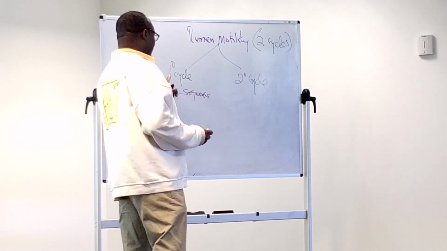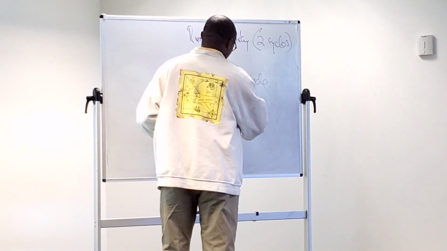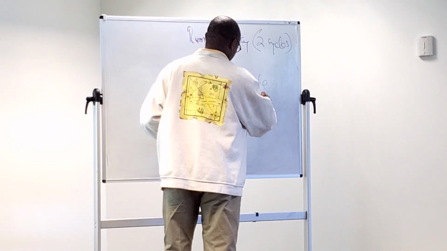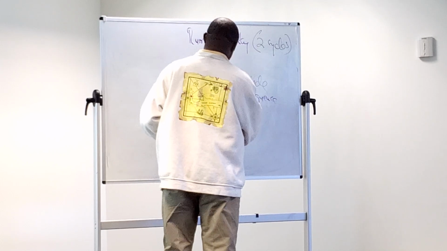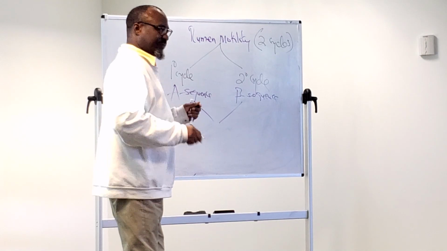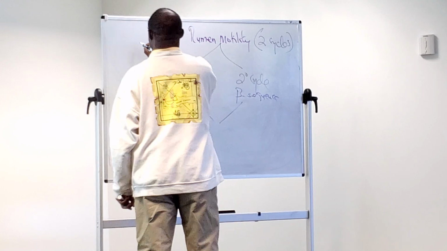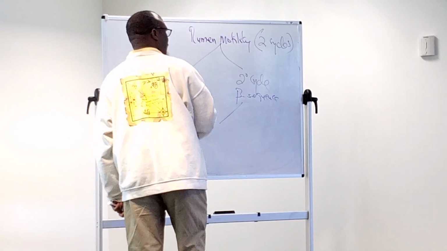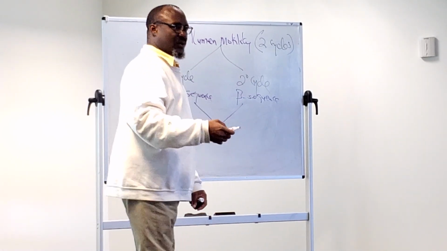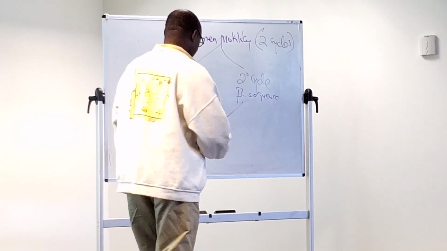So the primary cycle is also called the A sequence, and the secondary cycle is also called the B sequence. These 2 control regurgitation. The cycle starts in the reticulum, spreads to the rumen, comes back to the reticulum, and by that process, the material can be regurgitated.